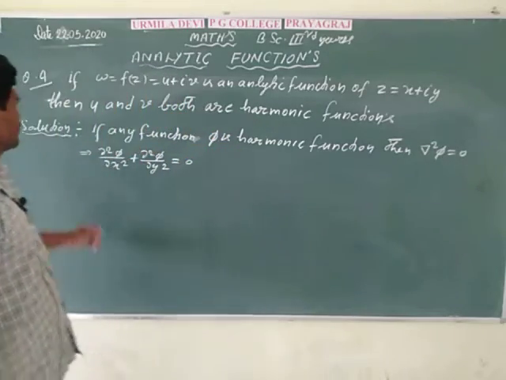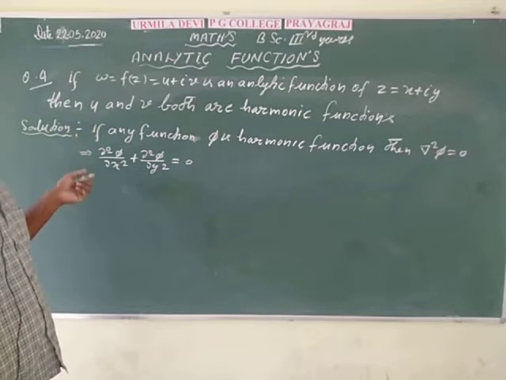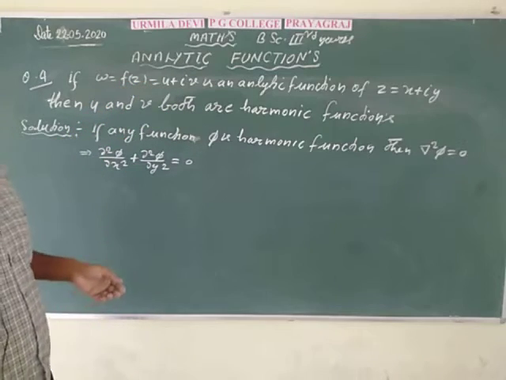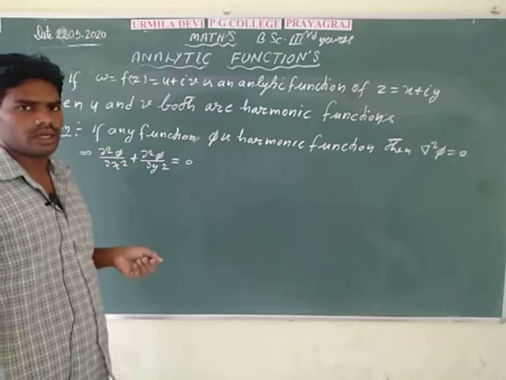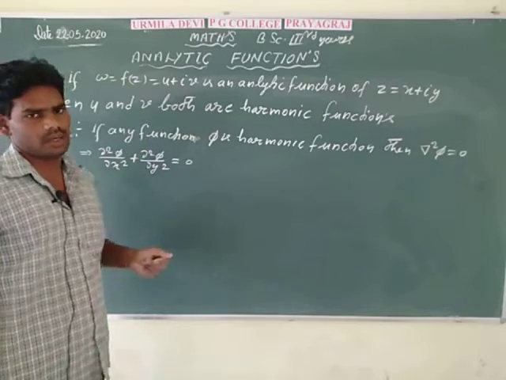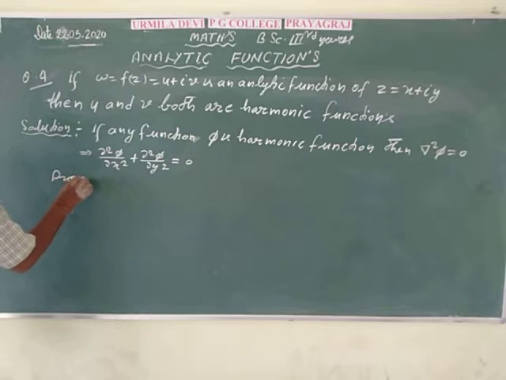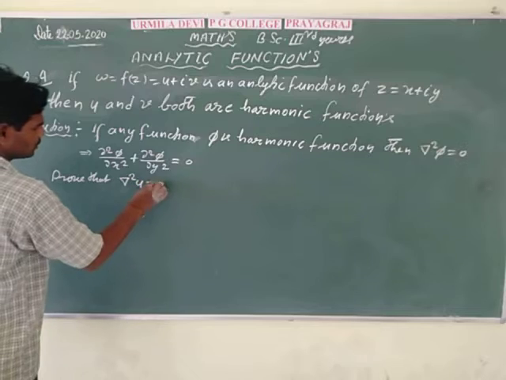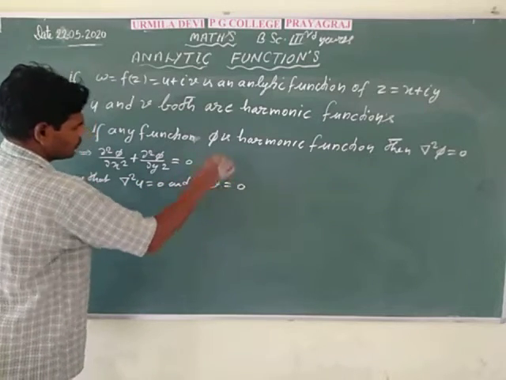Here given the functions u and v, two functions which are related, f(z) is equal to u plus iv. Our purpose is to prove that u is harmonic and v is also a harmonic function. Means prove that del square u is equal to 0 and del square v is also equal to 0.